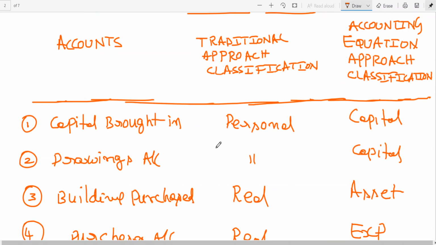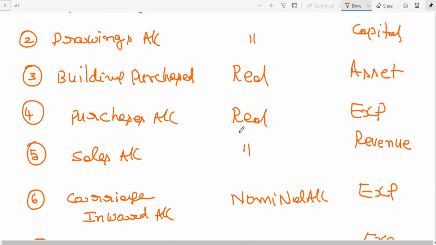Today we have learned classification. Tomorrow we are learning the rules. Then how to record the transaction in the book of General by applying the rules of personal, real, nominal, or asset, liability, capital, income, expense. We can record the transaction. So that is the first step. With that, the basics will be completed.